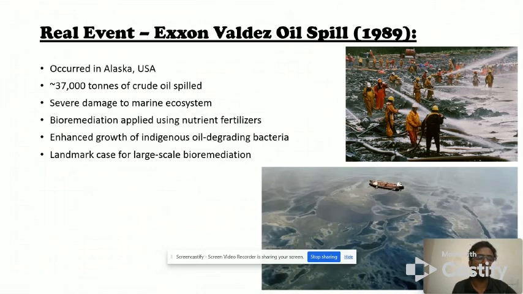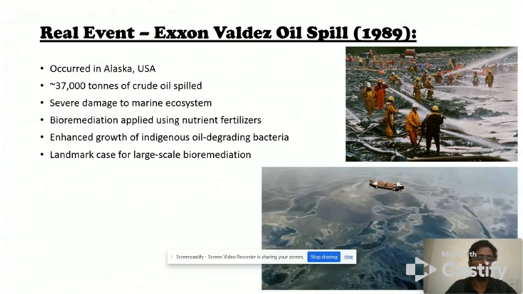The environmental disaster included over 1,300 miles of shoreline oiled, then massive wildlife deaths. For example, 250,000 seabirds died in that accident, and there was economic devastation, like fisheries being closed, impacting local economies and tourism, and also the cleanup cost.